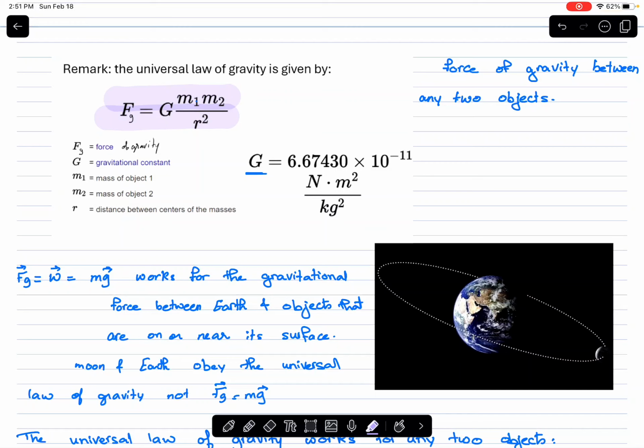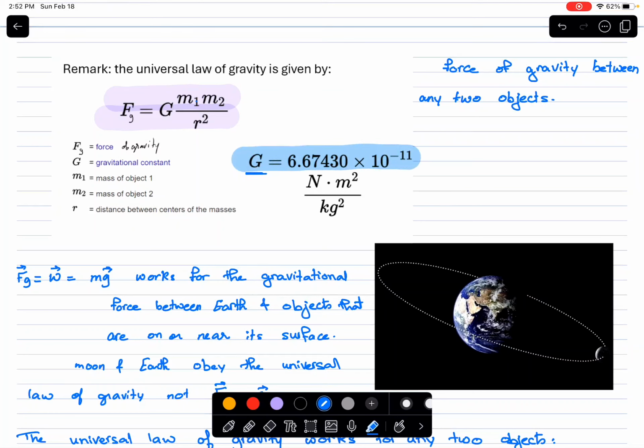So this can be applied everywhere, whether it's between planets, between stars, between galaxies, or even between an electron and a proton. But as you can see, this force for very small objects will be quite weak, because G itself is of the order of 10 power minus 11. You can see this here. And this will weaken the force a lot. But for very massive objects such as Earth, this force can become significant again.